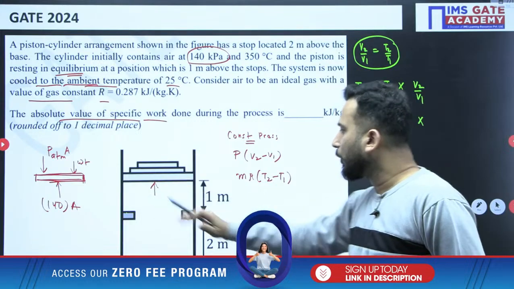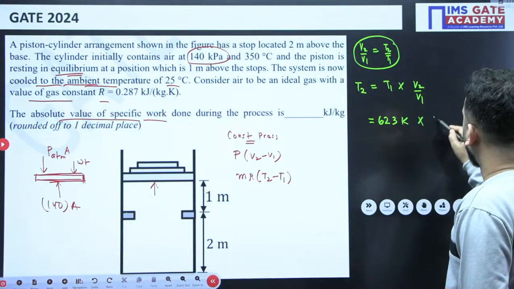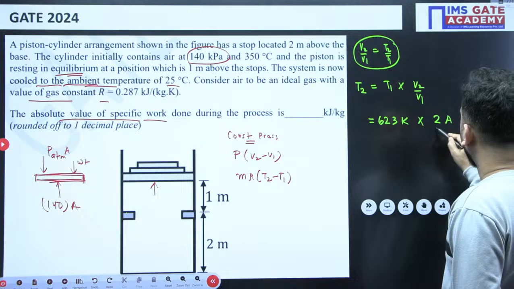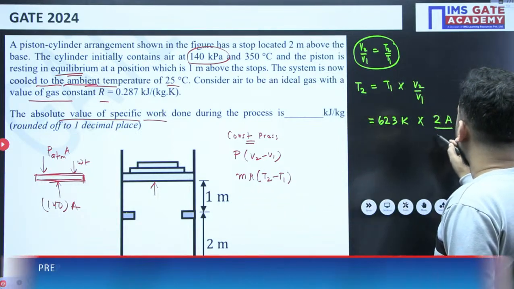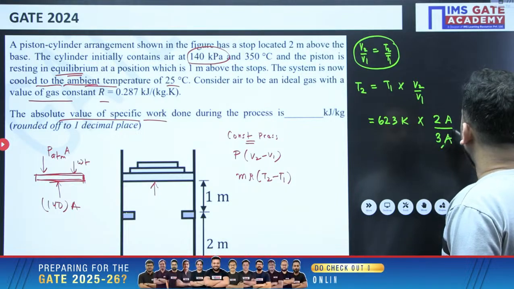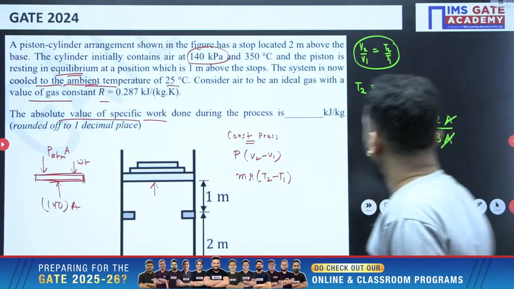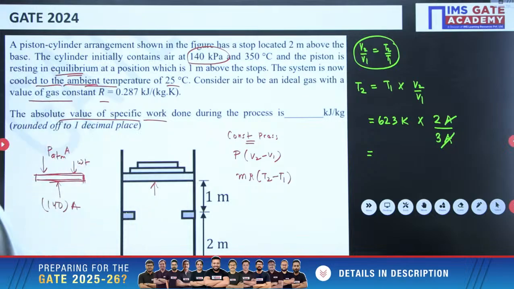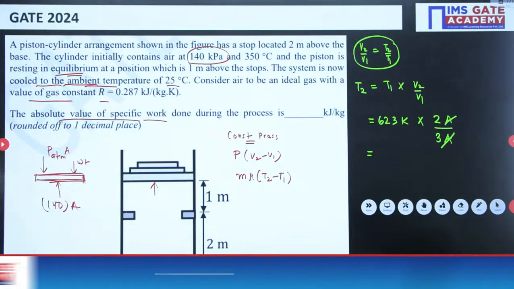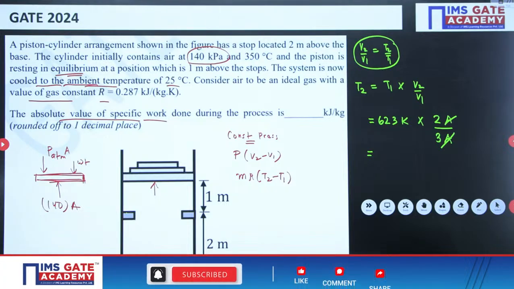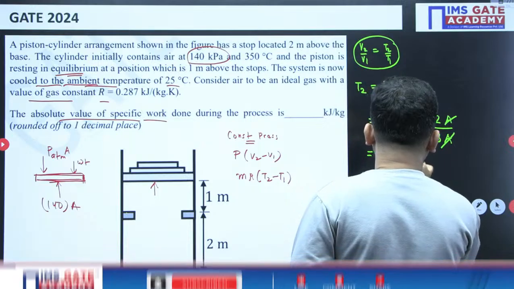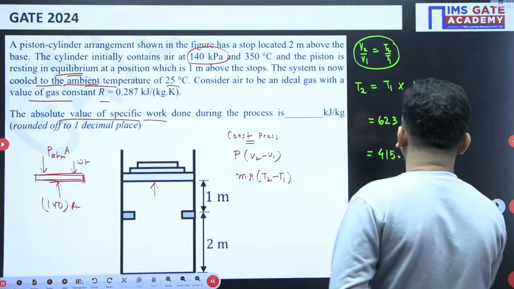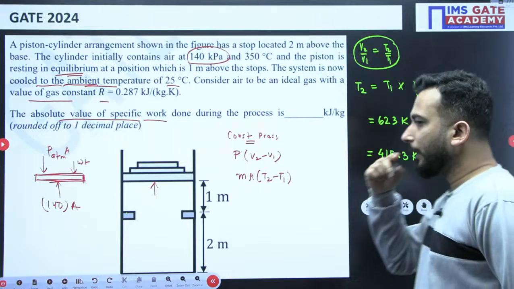Into V2. So final volume will be what? 2 into area of the piston, by initial V1, which is 3 into area of the piston. A and A get cancelled, and when you calculate this, 415.3 Kelvin is going to come as your T2.